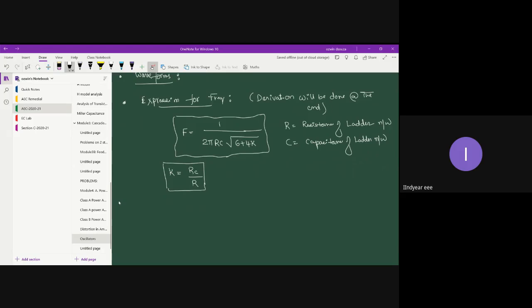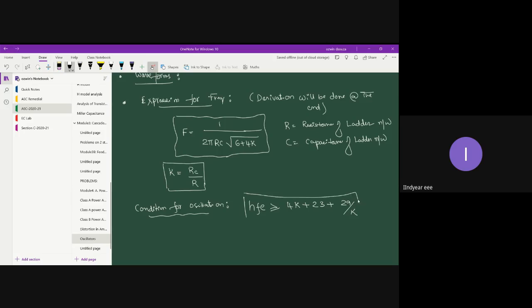Now, condition for oscillation. The condition for oscillation is that the hFE of the transistor should be greater than or equal to this series, 4k plus 23 plus 29 by k.